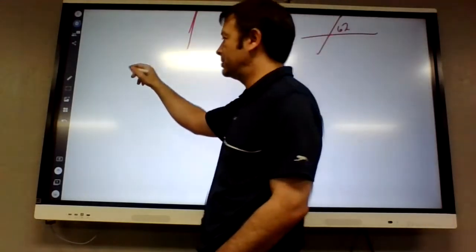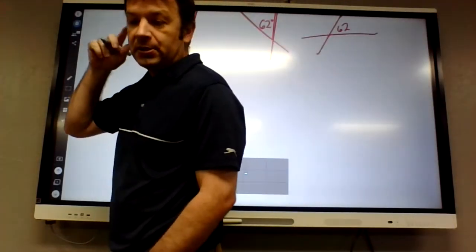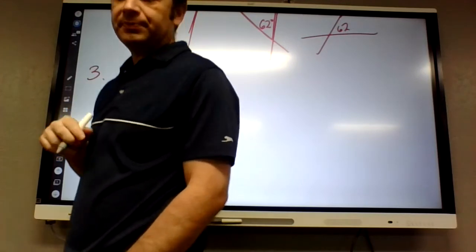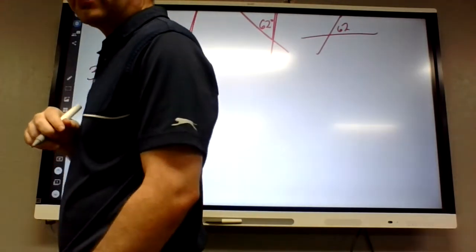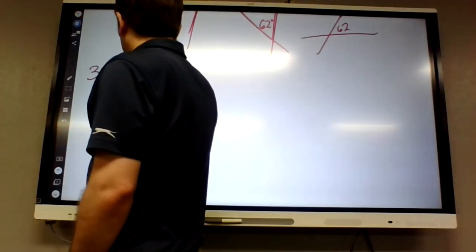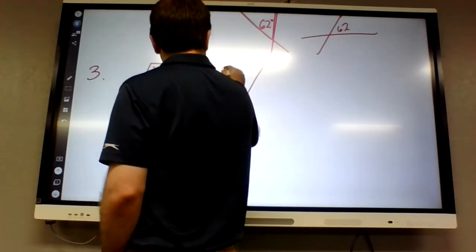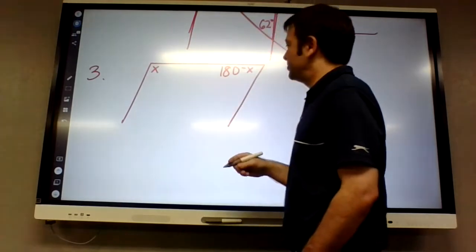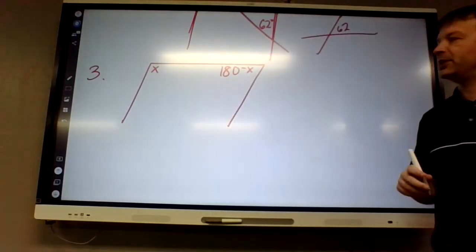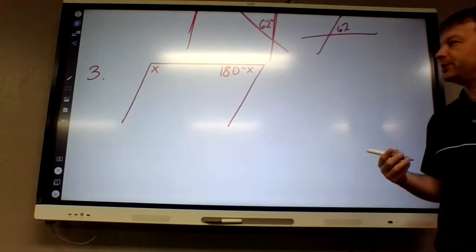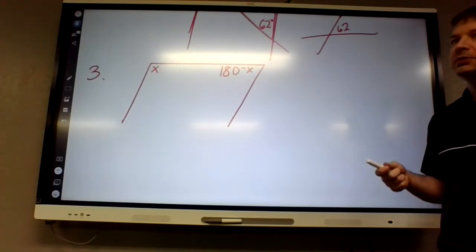Okay, number 3. On 3, that top part says x and 180 minus x. If these two angles are x and 180 minus x, what do I know about those two angles? They're not equal.